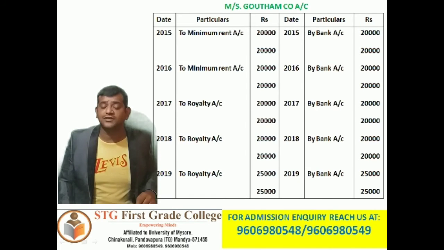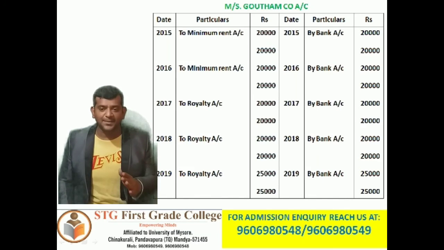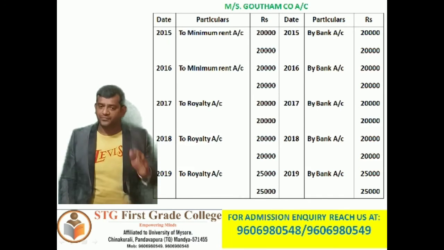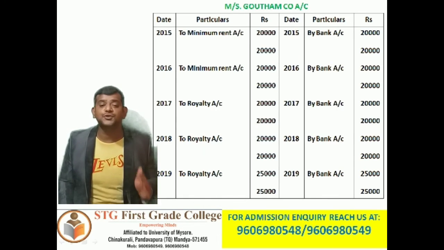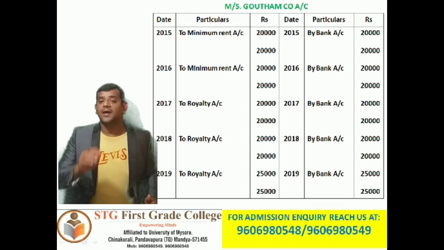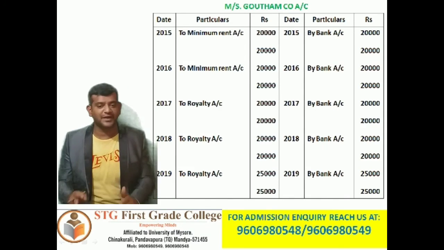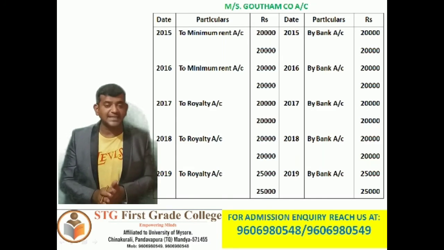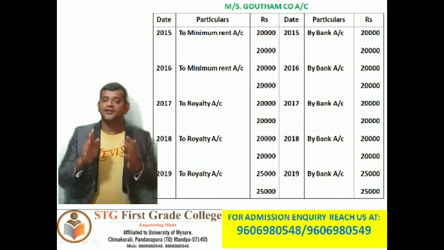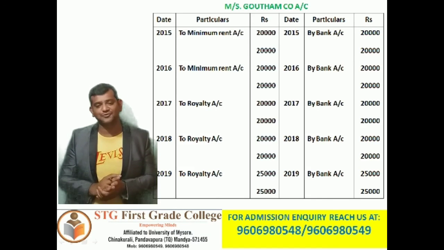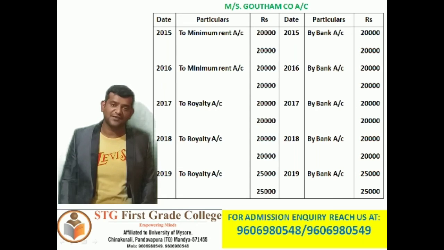In the year 2017 to royalty account 20,000, by bank account 20,000, total 20,000 and 20,000. 2018 to royalty account 20,000, by bank account 20,000, both the side total 20,000 and 20,000. 2019 to royalty account 25,000, 2019 by bank account 25,000, both the side total 25,000 and 25,000.